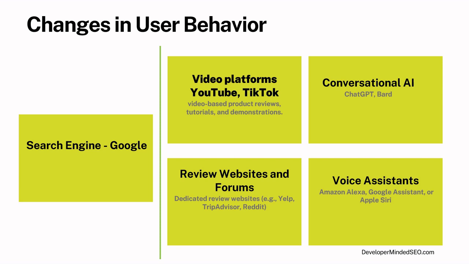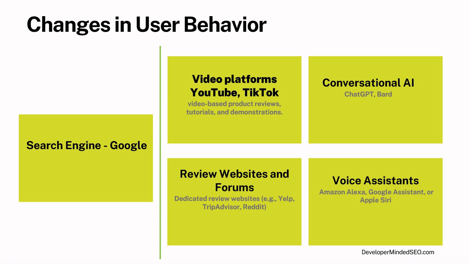And the next thing: during the last 3 to 4 months, we could see how conversational AI has exploded, and how users have shifted to using ChatGPT or Google Bard. So there are some happenings in user behavior that we can understand.